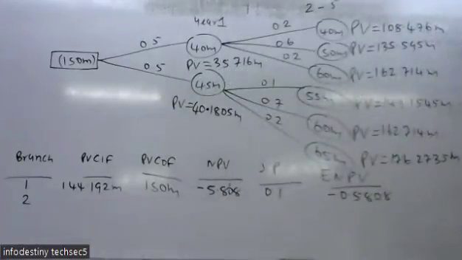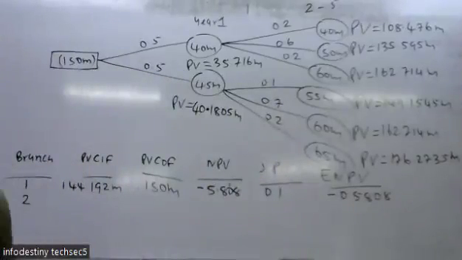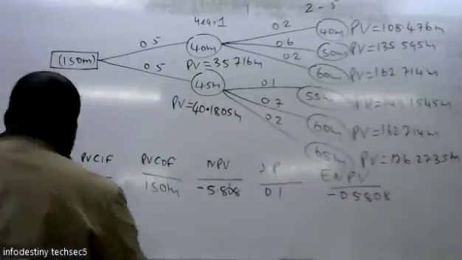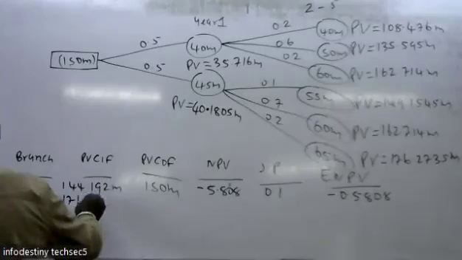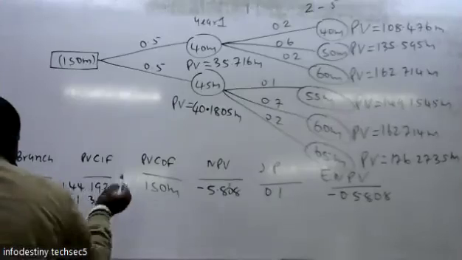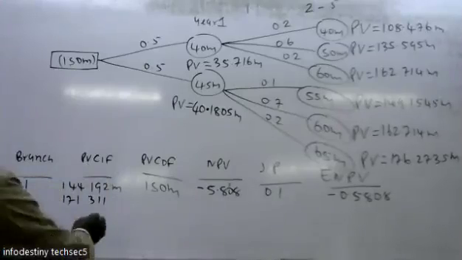So when you add them together, what should be our present value for the cash inflows? 171.311. Exactly.